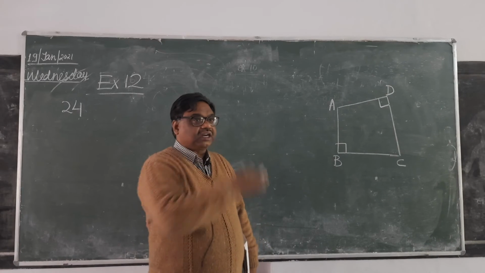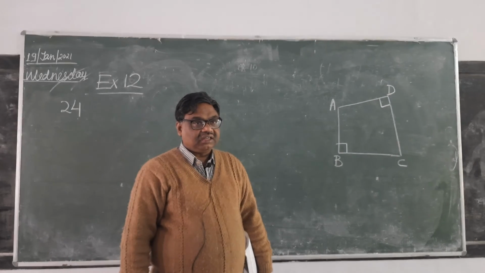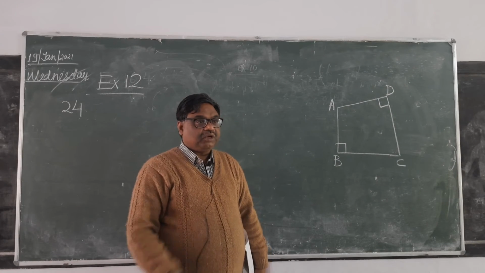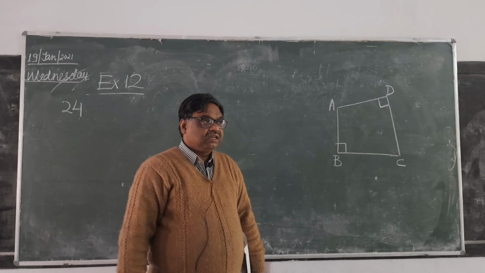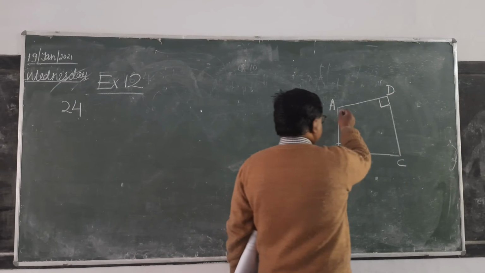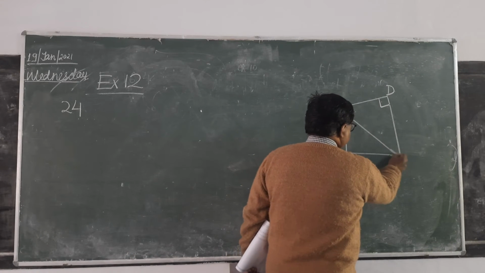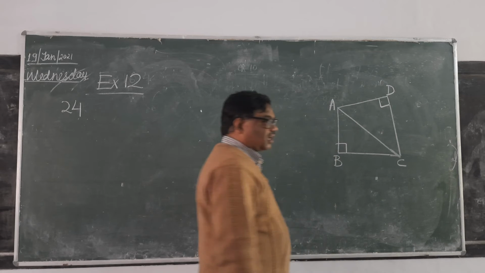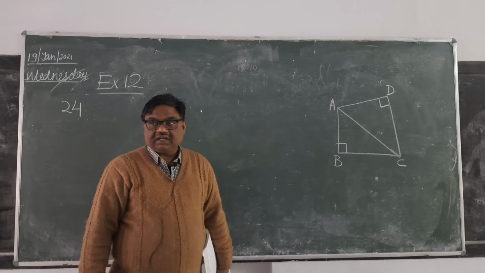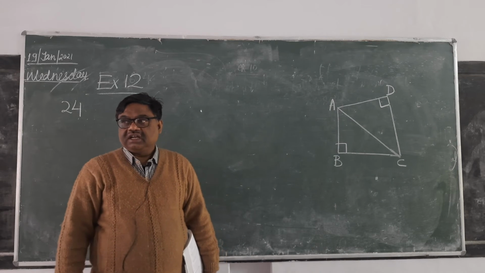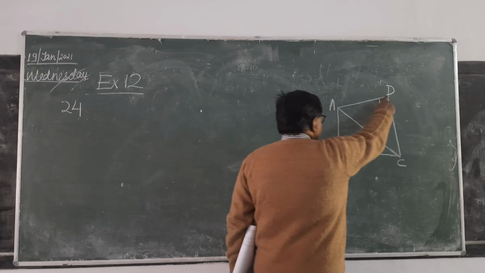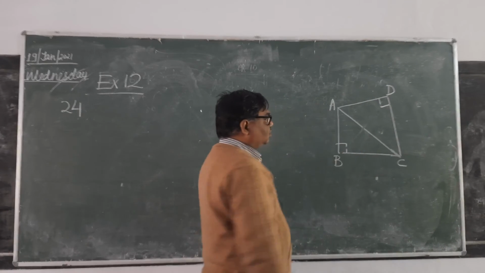There are how many triangles here? Right now there is no triangle. But if you join this, then you will get two right angle triangles. Because we are interested in right angle triangles, that's why we don't join this.